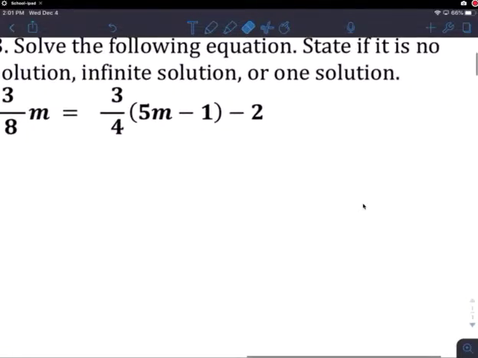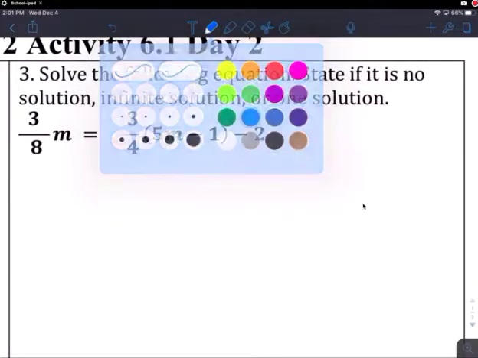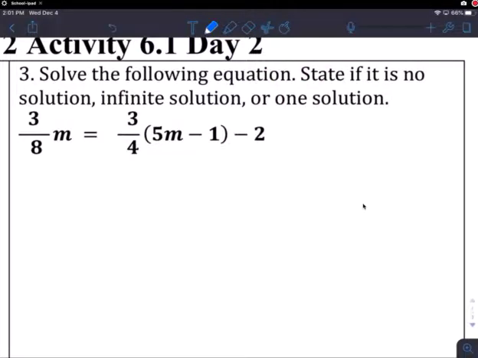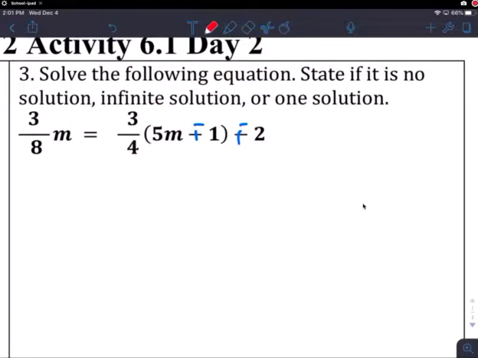Now, solving the equation, first thing you need to do is how to solve. There are multiple ways of doing this, but we always do additive inverse first, and then we get rid of the fractions, because fractions are hard to deal with, by multiplying by the least common denominator to all of the terms.